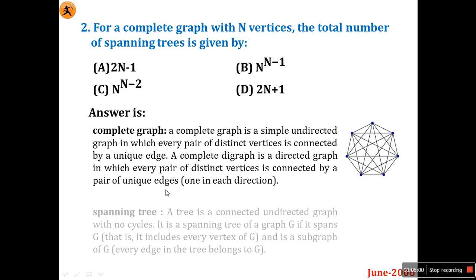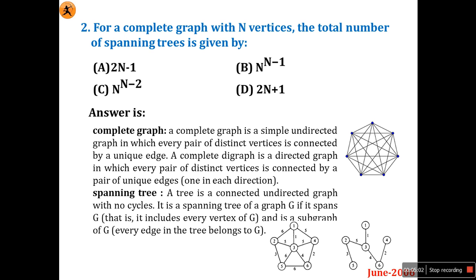Now we'll look at what a spanning tree is. A spanning tree should be a tree. First of all, what is a tree? An acyclic graph. A tree with n vertices should have n minus 1 edges, so that is the tree property. But a spanning tree is a special type of tree. It is a subgraph of a graph, generated from a graph.